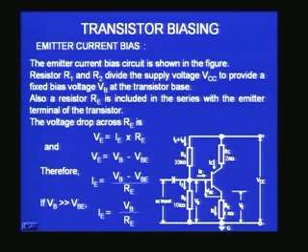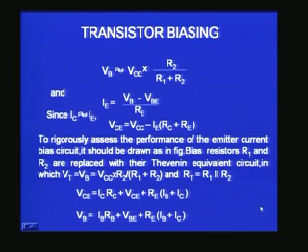The voltage drop across RC is ICRC. The voltage drop across RE is IERE. So VCC minus ICRC minus IERE will give me the VCE by Kirchhoff's voltage law. But now because IC is almost equal to IE, we are not distinguishing between IE and IC. That is why here we have written VCE is nothing but VCC minus IC or IE into RC plus RE, because I assume almost the same current is flowing across both RC and RE.